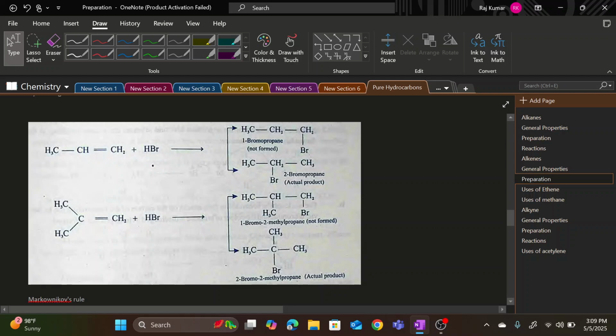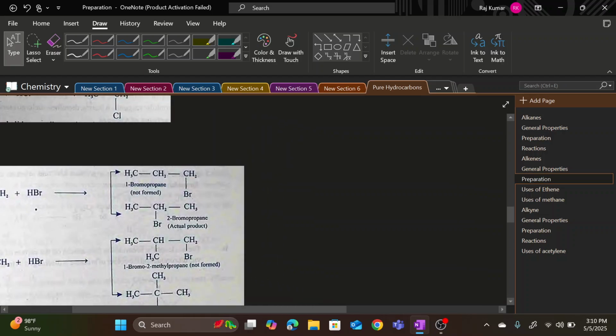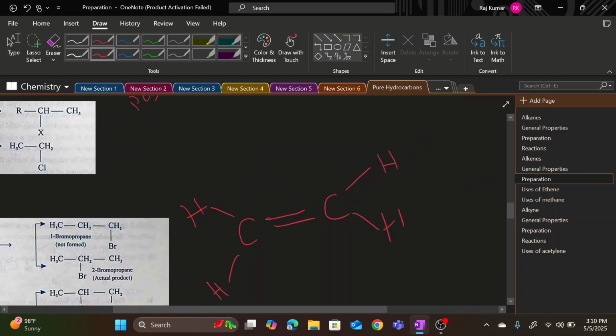For the reaction mechanism of hydrohalogenation, let's say this is an alkene. If we want to perform hydrohalogenation on it, then we need to consider the reaction in two steps. In step number one, the hydrogen chloride comes.